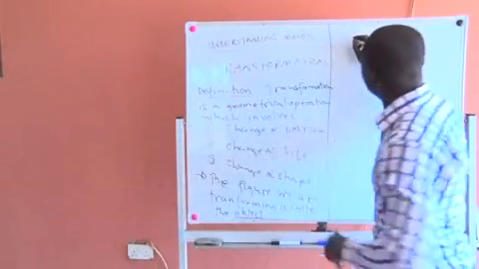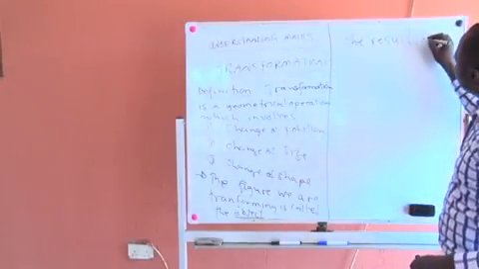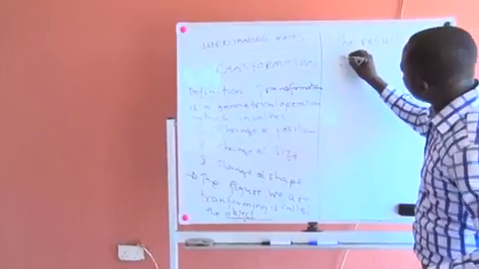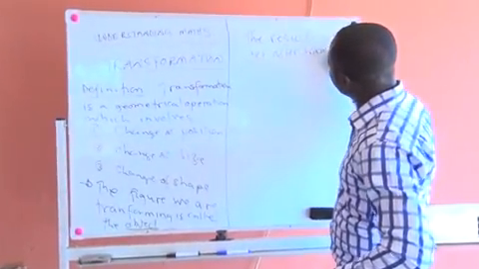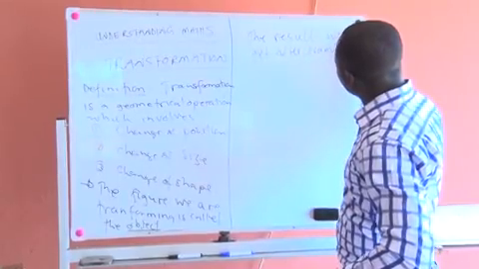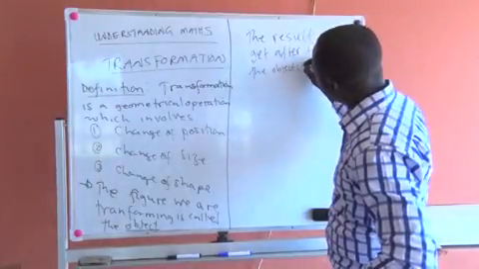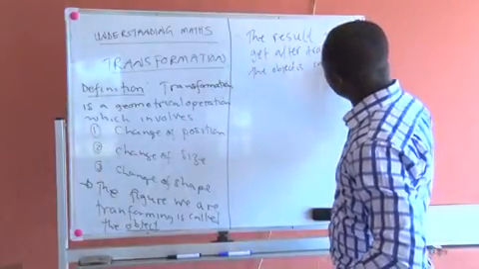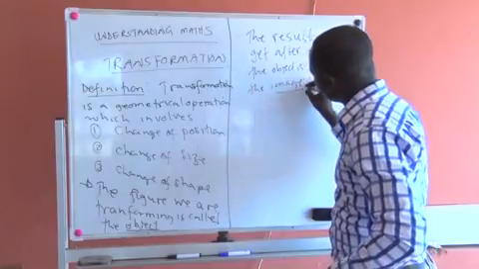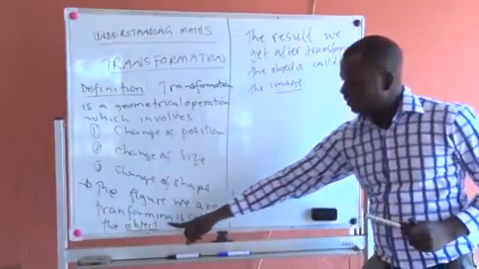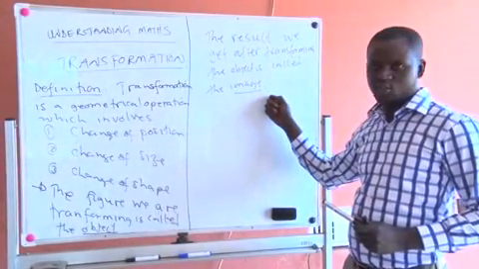So the result we get after transforming the object is called the image. So you need to remember this. We transform the object, the result we get is called the image.